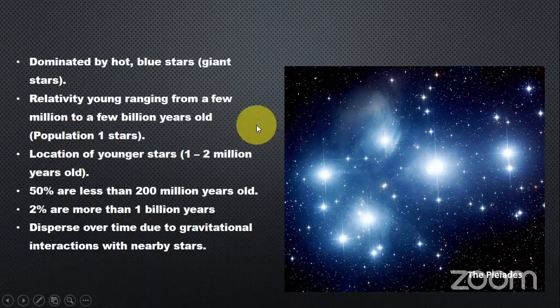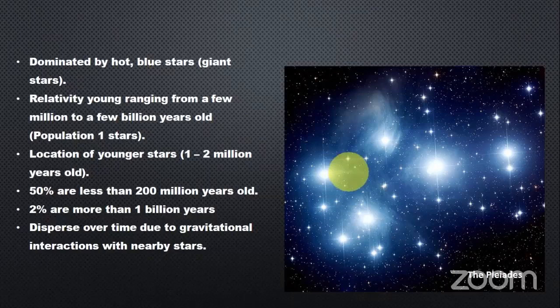Now, the stars are relatively very young, ranging from a few million to a few billion years old. In open star clusters is where you find the youngest of the stars. That is where stars are even born. That is where you find stars that are 1 million, 2 million years old.